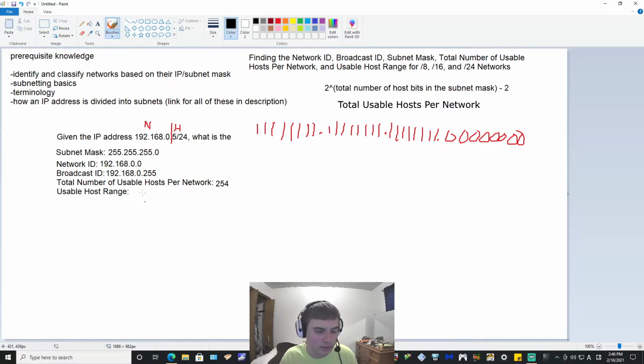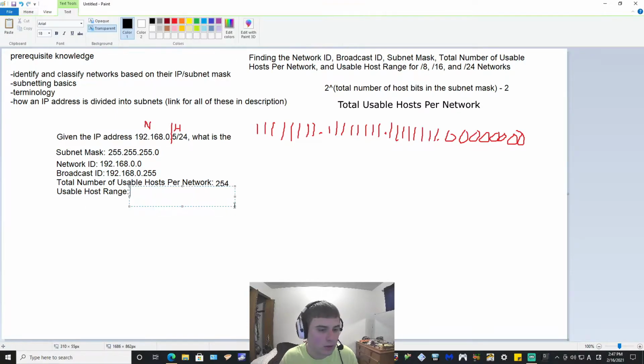So if you add 1 to the 4th octet of the network ID, and subtract 1 from the 4th octet of the broadcast ID, you'll get our usable host range. So you can write it out like this, 1 through 254. We can use the numbers between 1 and 254.